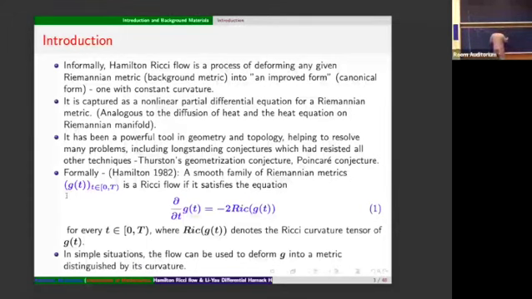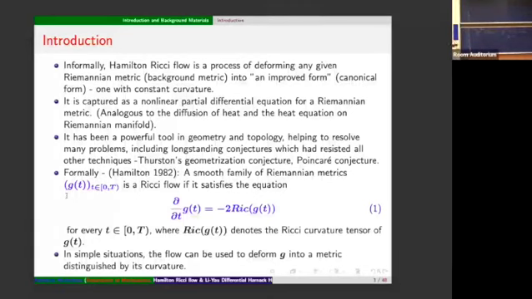So this looks like our usual heat equation. Let's say u is a function on a manifold, and you can have something of this nature. We are familiar with this. So this behaves like what you expect u to look like at a particular time, and we expect the same for g at a particular time.